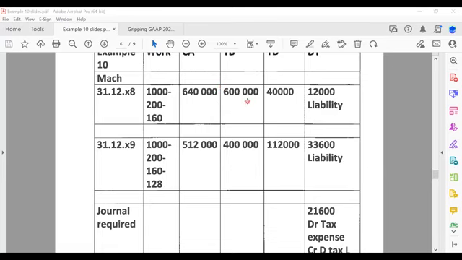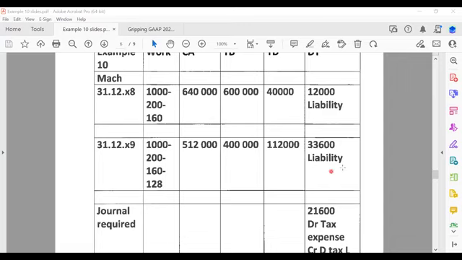Now we claim an additional 200,000 of wear and tear, and that brings us down to a tax base of 400,000. 400 subtract 512 will give us 112. That, if we multiply by 30%, we'll see we need a greater deferred tax liability of 33,600.